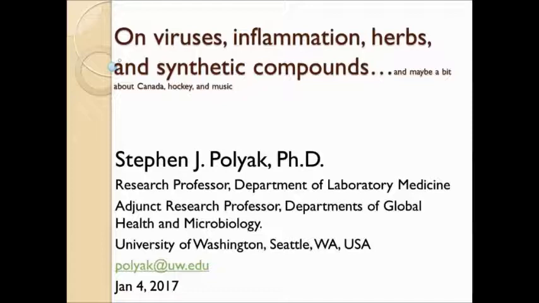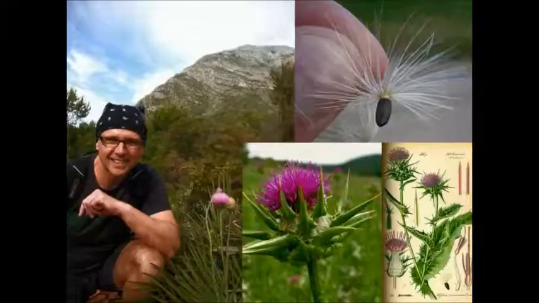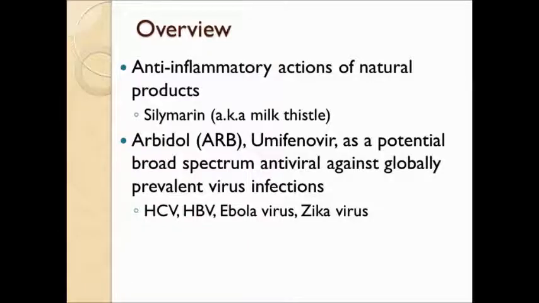But today is going to be more of a basic science talk that's going to focus on natural products, and then I'll talk about a synthetic antiviral. We'll be talking primarily about the anti-inflammatory actions of natural products, and give a large history of our work on the extract known as milk thistle, formally named Silymarin.